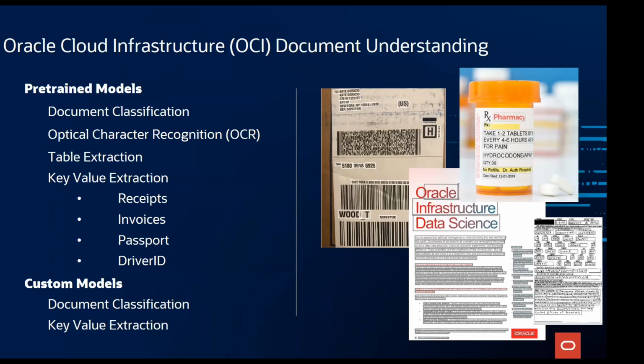But when we are saying custom models, we are not talking about any kind of coding. It is a data label service which allows you to very simply drag and drop, create boxes and tell it, okay, I have this sample document. This is where I want to extract the data from.